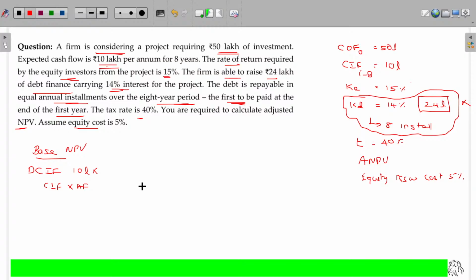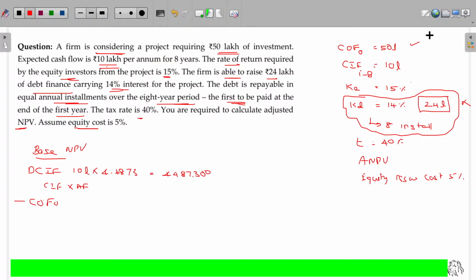Hope this value is 4.4873. What is the final value? I think 4 lakhs 87,300, minus cash outflow at the 0th period.